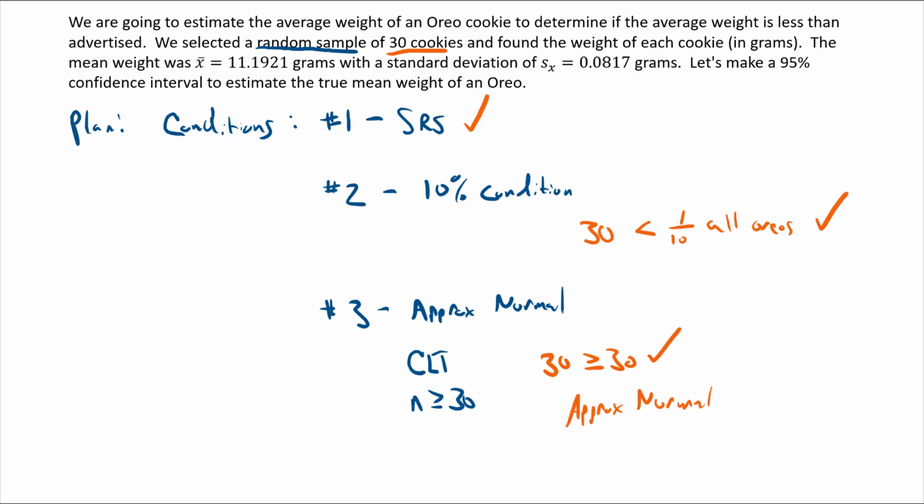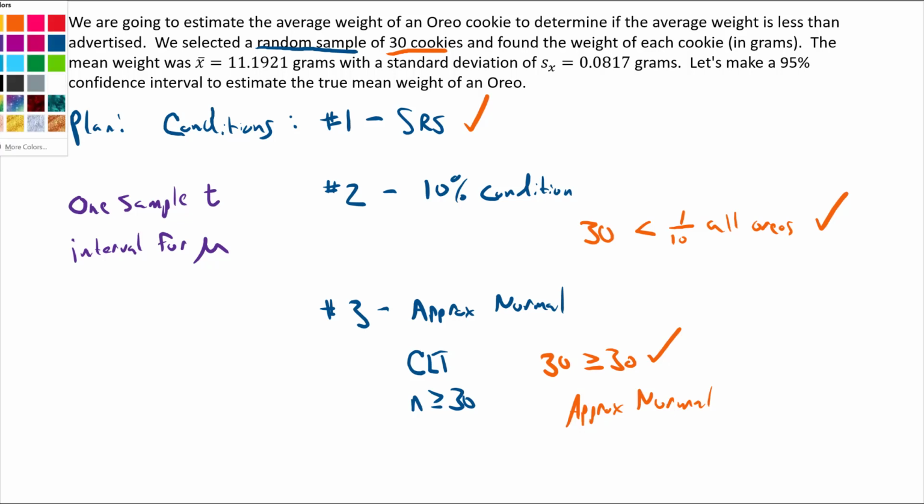So under the plan, this is going to be classified as the one sample t interval for our mean, our mu. We'll talk about the t in a second. Again, that's the name of the procedure. I'll write that in red here.